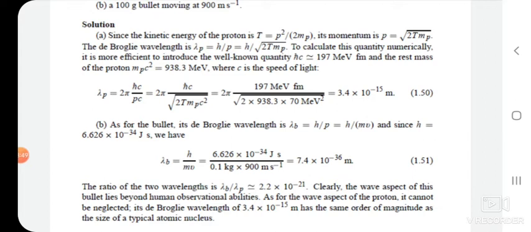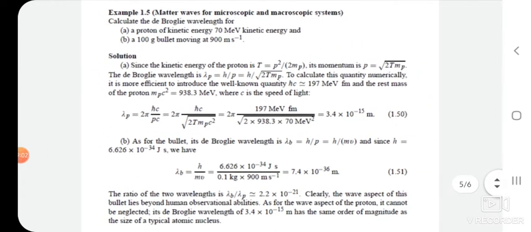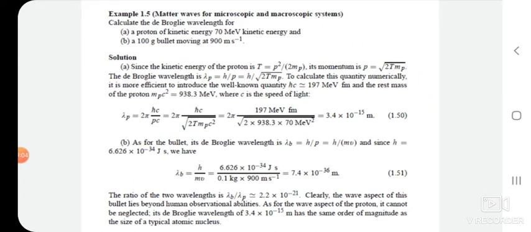Its de Broglie wavelength, 3.4 into 10 to the power of minus 15 meter, has the same order of magnitude as the size of a typical atomic nucleus. It means we can apply the de Broglie wavelength formula for micro as well as macroscopic particles.